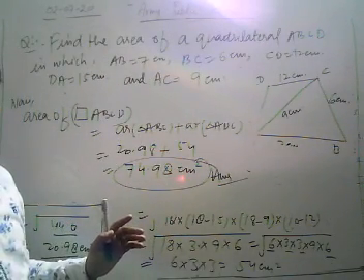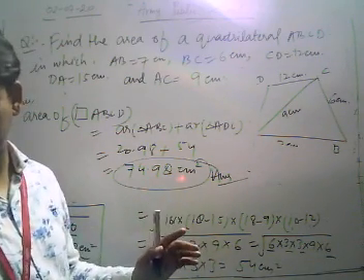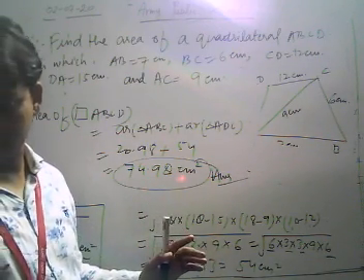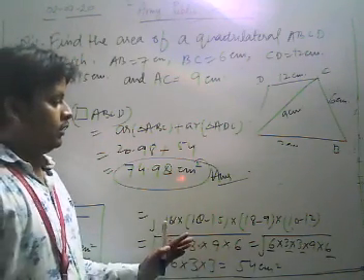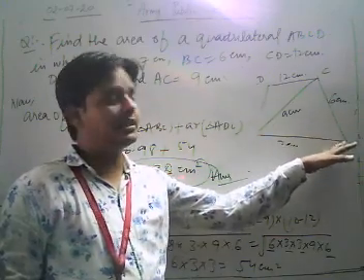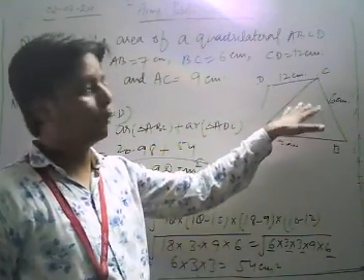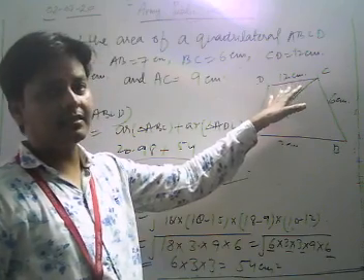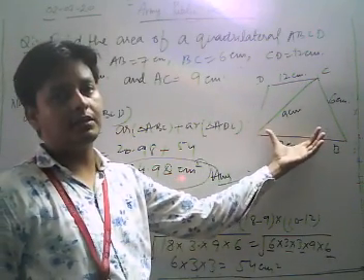Okay. So first we find the area of triangle ABC, then we find the area of triangle ADC. Now we add both the areas, then we find the area of quadrilateral ABCD.